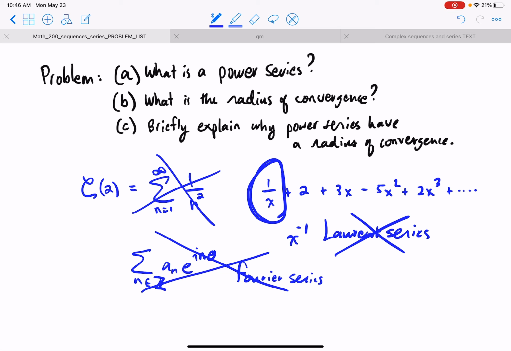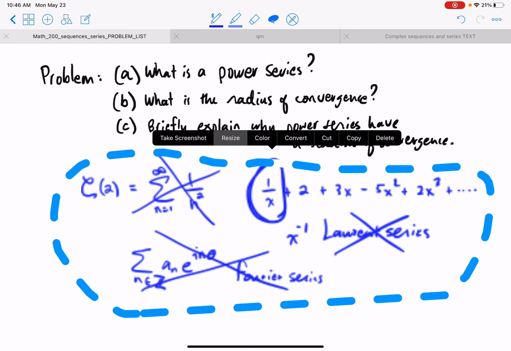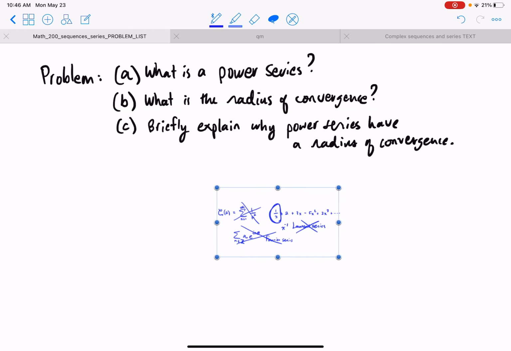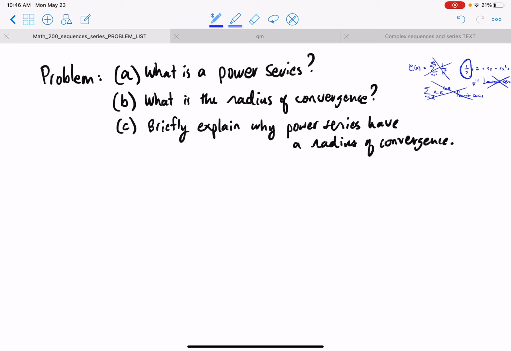Great. Okay. So what are we going to do? Oh, we have to say what is a power series. So never mind all these non-examples. Let's do the simplest kind of series, a power series.